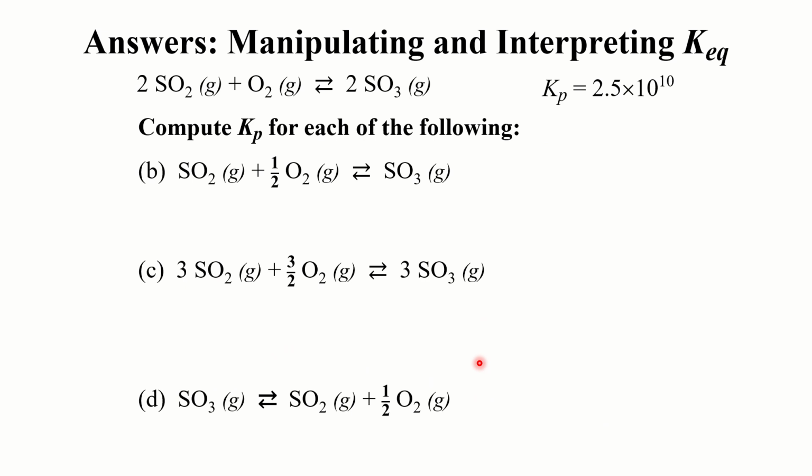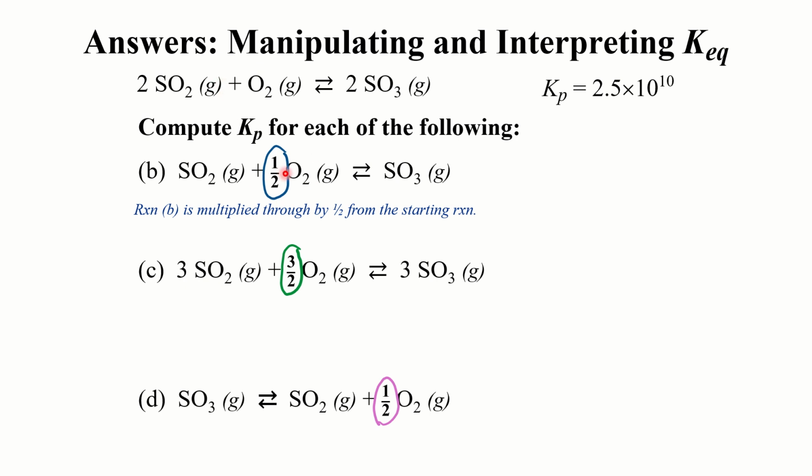All right, now for each of these Kp reactions, let's start with letter B. If I look at reaction B, it looks like we took reaction A here and multiplied it by 1/2. I still have SO2 and O2 on the left side, and I've still got SO3 on the right side, but the coefficients have been halved from 2 to 1, from 1 to 1/2, from 2 to 1.